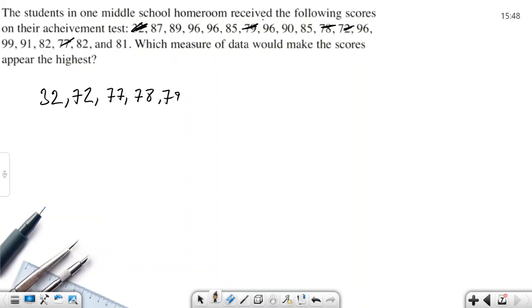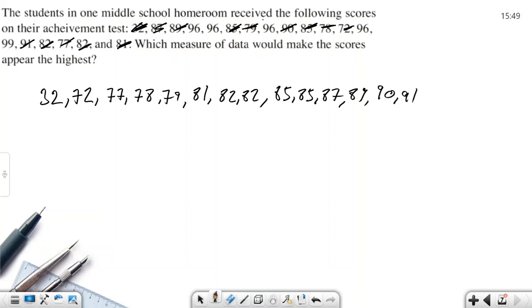So I don't have another 70. 81, 82, 82, then 85, 85, 87, 89. There is no 8 left. Now 90, 91, let's write them. I wrote them.